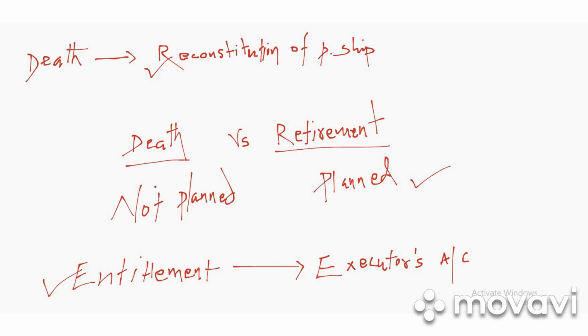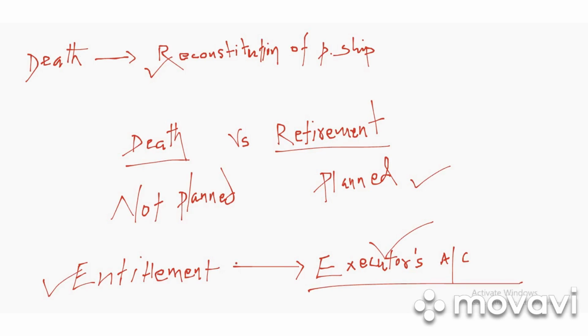He will be settling all the accounts of the deceased partner with the partnership business. Okay, so the total entitlement due to the deceased partner will be transferred to the executor's account. So he will be the person in charge of that process.